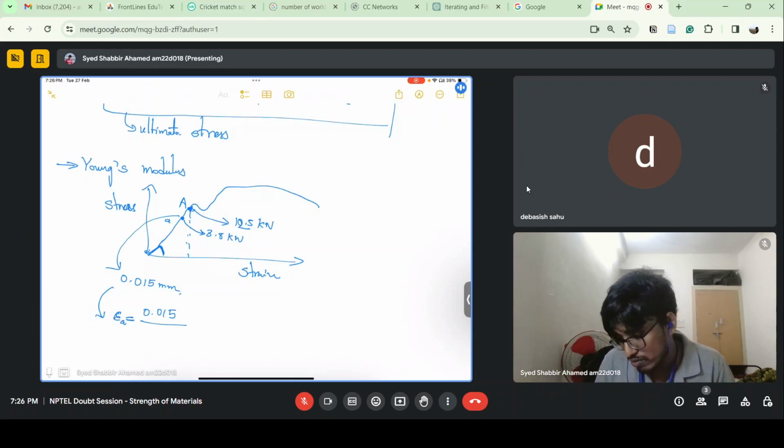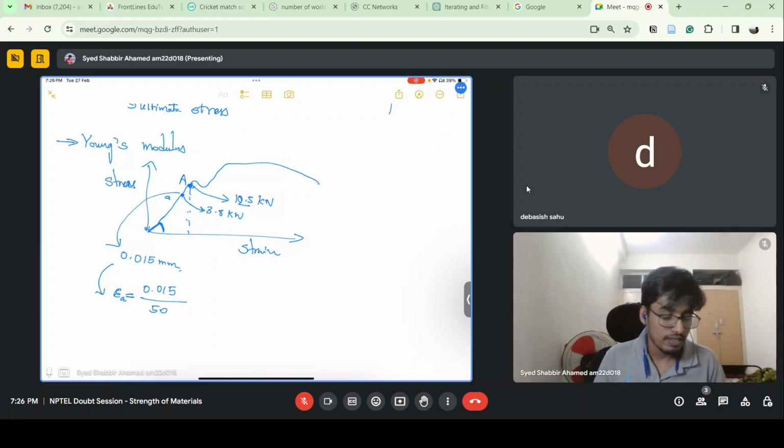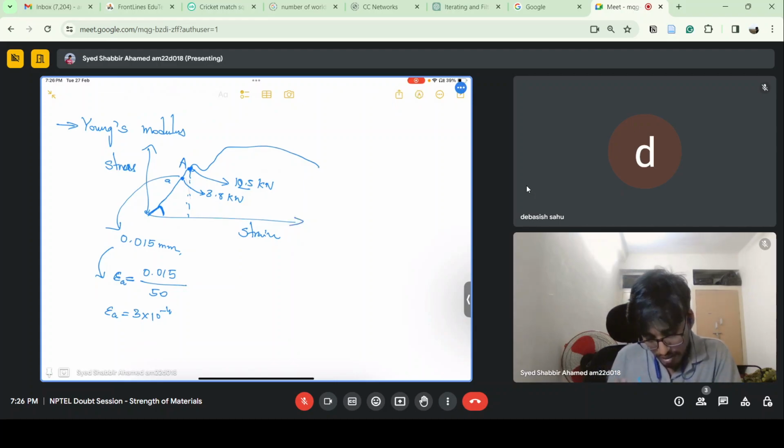So gauge length is, as you know, 50 mm. So we get the strain as 0.015 by 50, which is basically 3 into 10 to the power of minus 4. So this is the strain which we get.